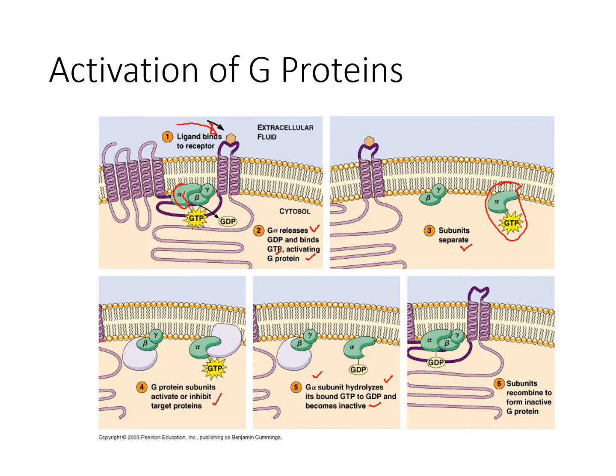This is what we call the subunits recombining to form the inactive G protein. So the cycle will start again when the ligands bind to the receptor.